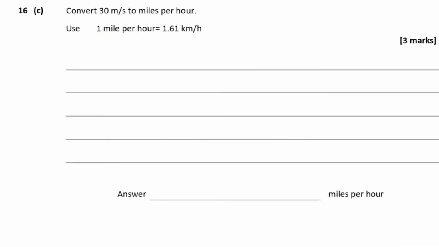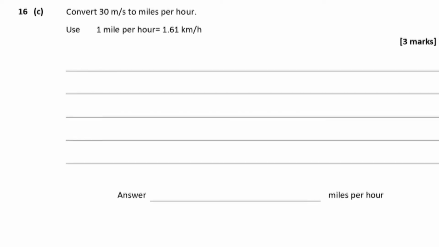Part C says convert 30 meters per second into miles per hour. Okay, so if I'm starting with meters per second and that is 30, and I want to go into kilometers per hour, I'm going to change one and then the other. So there are 1,000 meters in a kilometer.